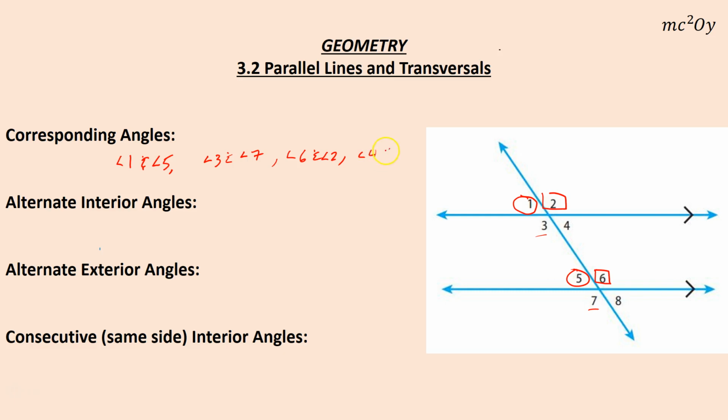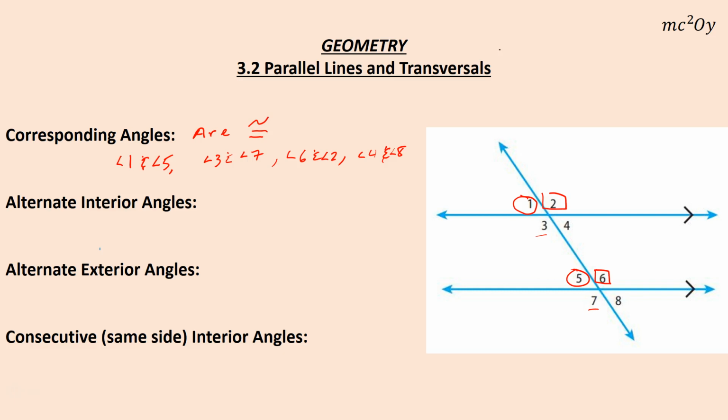Now, what we know about corresponding angles: when you have parallel lines, corresponding angles on that transversal are congruent. Okay?